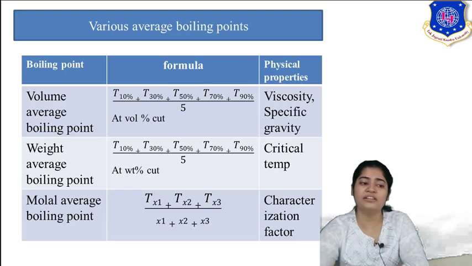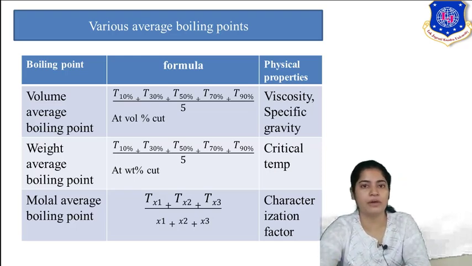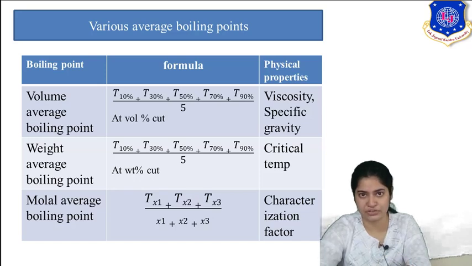Now, for which physical properties do we need to know this? The physical properties are viscosity and specific gravity, the viscosity of that fraction. Viscosity and density are also functions of temperature.